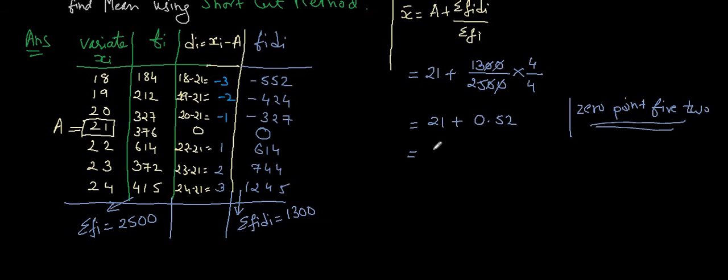By adding the assumed mean, what is my answer? 21.52. So x bar is 21.52. This is my answer by the assumed mean method, or shortcut method.